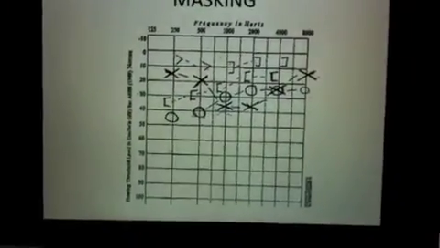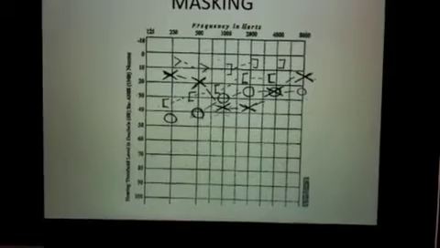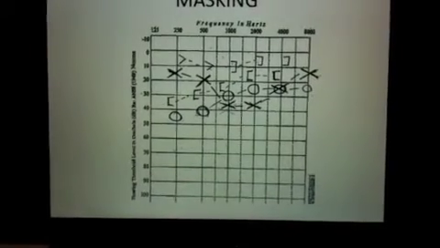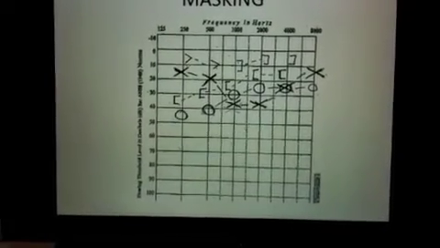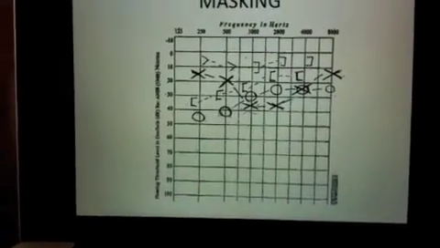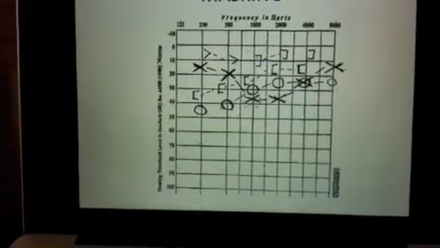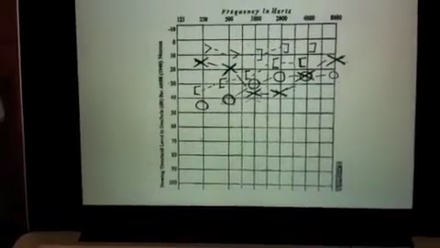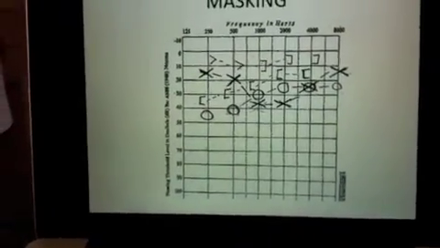So given that level of crossover, the cochlea of the non-test ear would be receiving that signal at a plus 25 dB SL. So we would certainly need to mask the non-test ear.